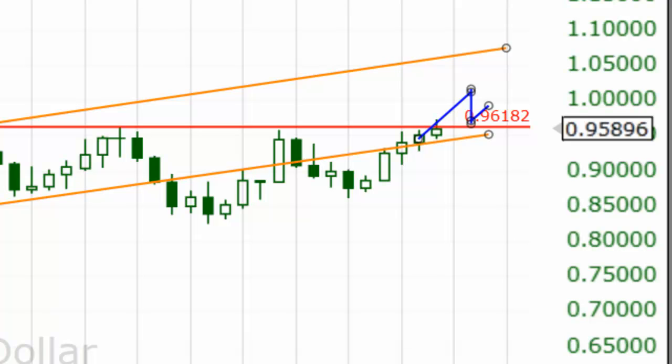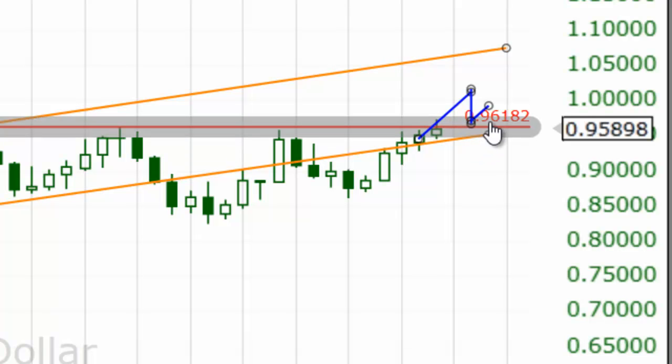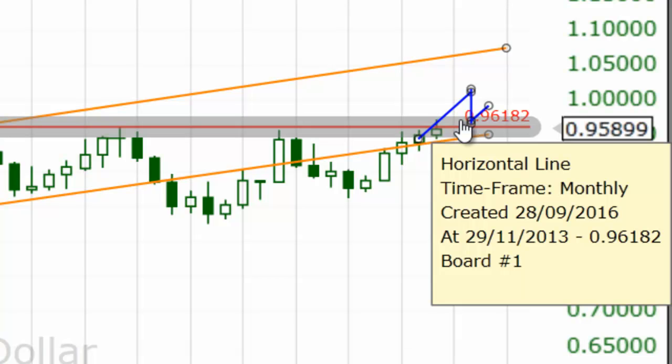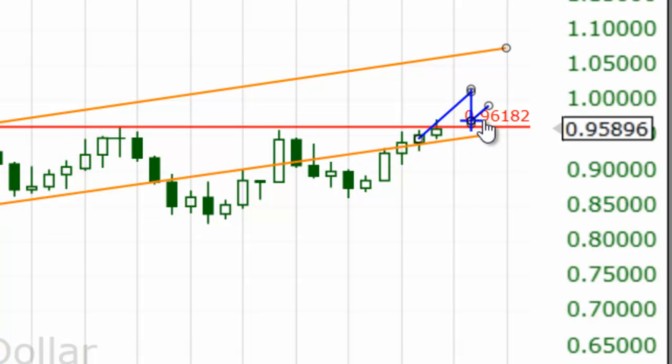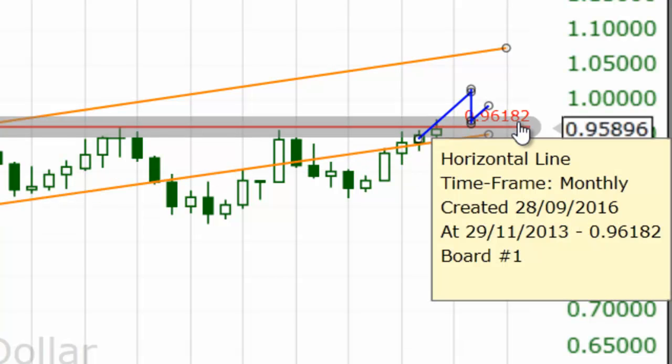No, we cannot sell above 9618. I'm not saying it's impossible to sell above, but we will prefer to give priority to bearish signals below 9618.